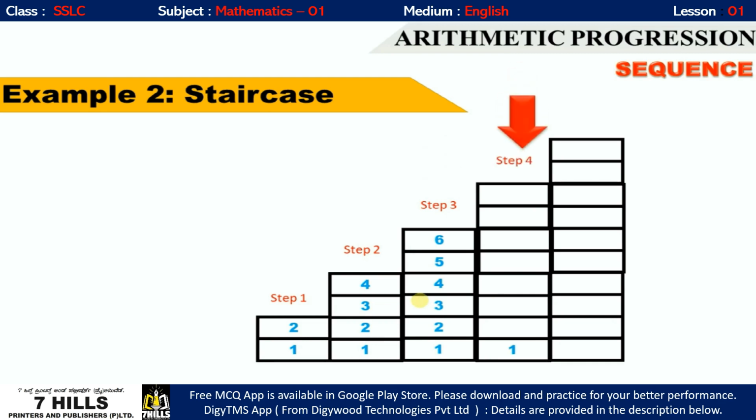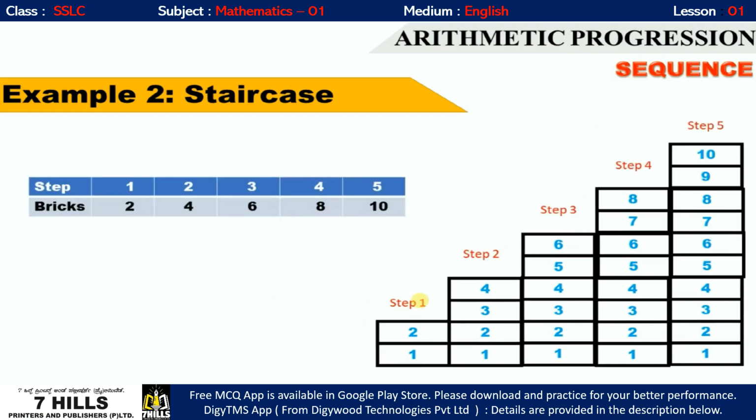Fourth step, 1, 2, 3, 4, 5, 6, 7, 8, 8 bricks. Fifth step, 1, 2, 3, 4, 5, 6, 7, 8, 9, 10, 10 bricks.